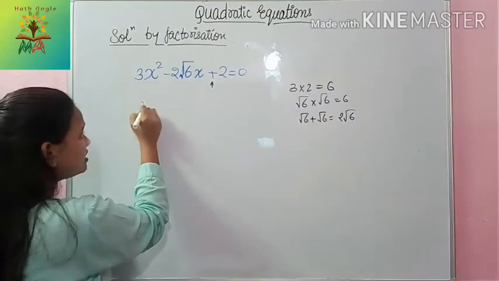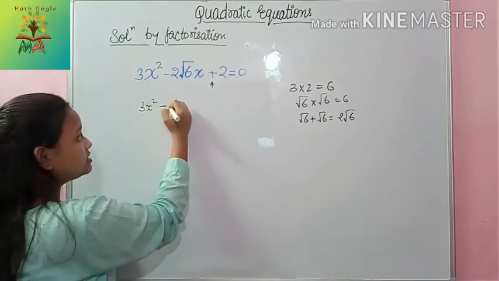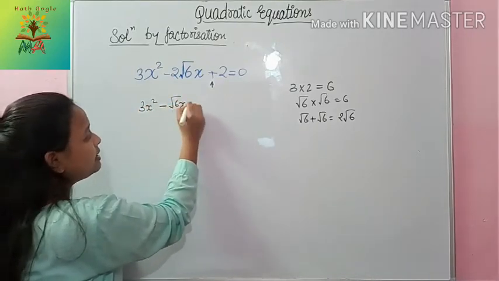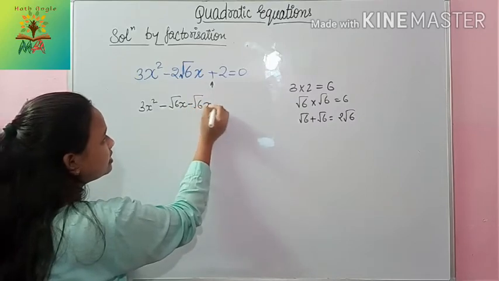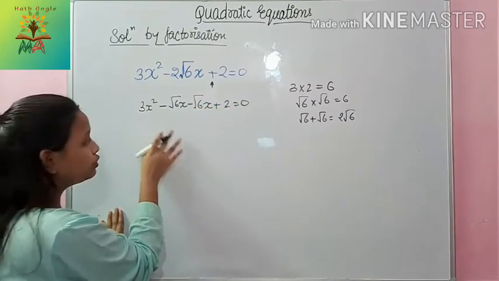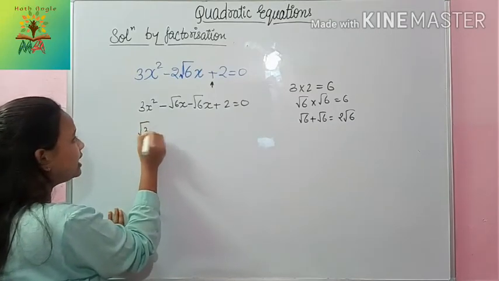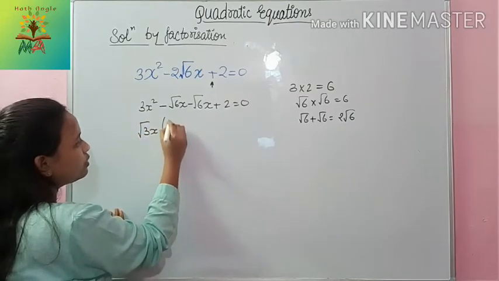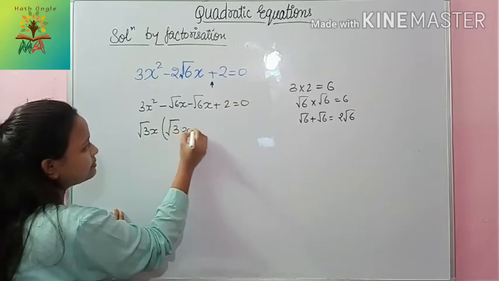So 3x square plus √6x plus √6x plus 2 is 0. Here I will take √3 common. So taking √3x common, inside we get √3x plus √2.